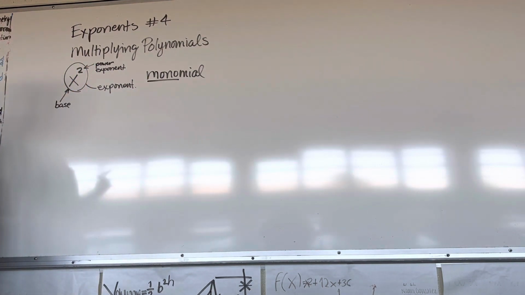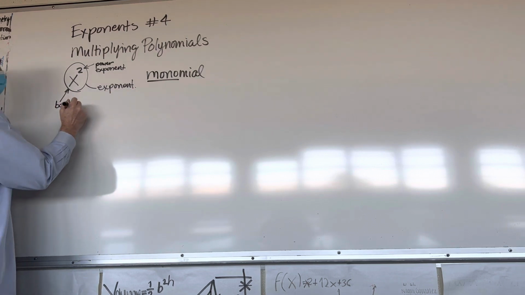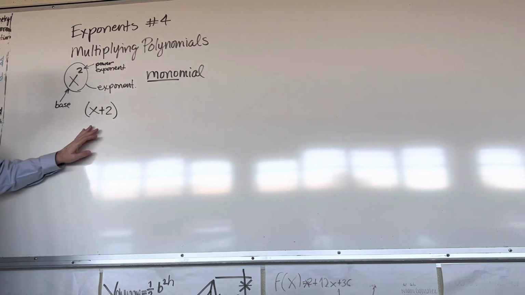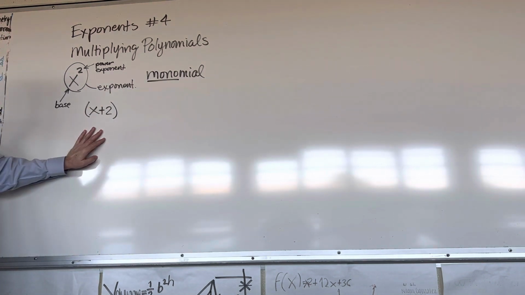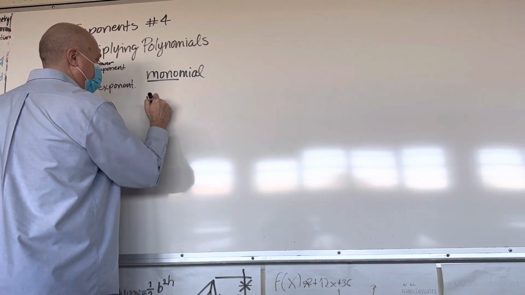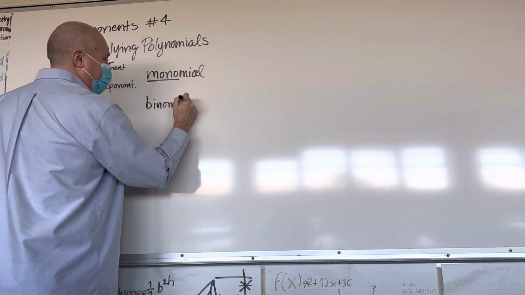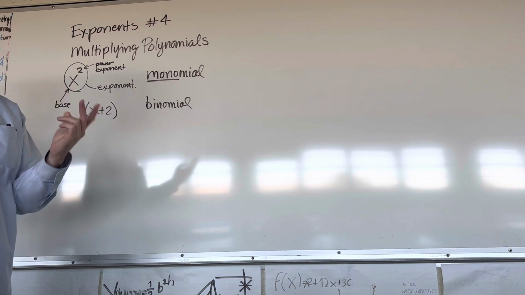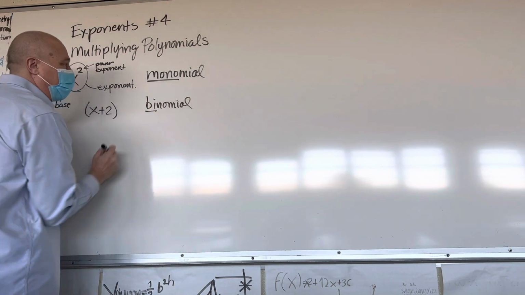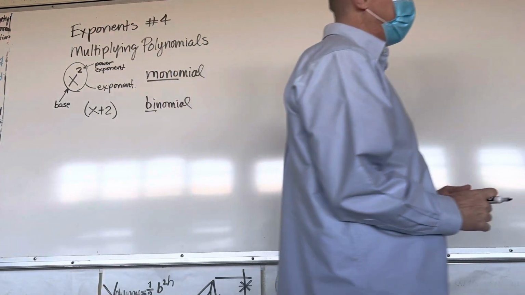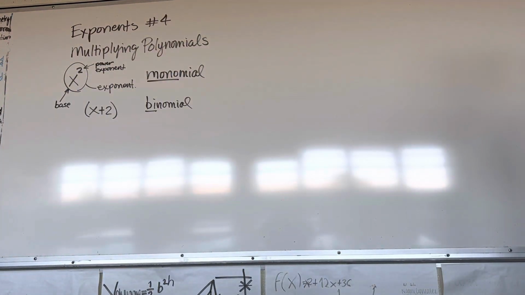Now, if it starts to expand, let's say we had in parentheses an x plus 2, how many terms? 2. Therefore, what do you call it? Everybody say binomial. Bicycle, how many wheels? Makes sense, right? Nomial just means term in this context, at least. That's the simplest way to think of it.